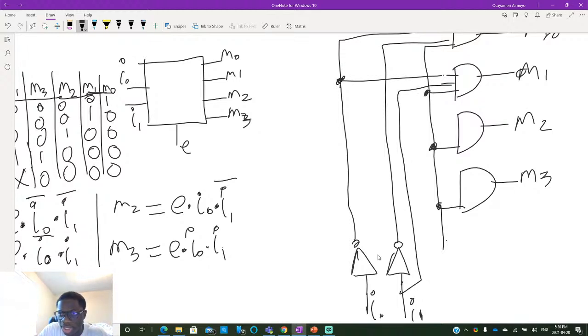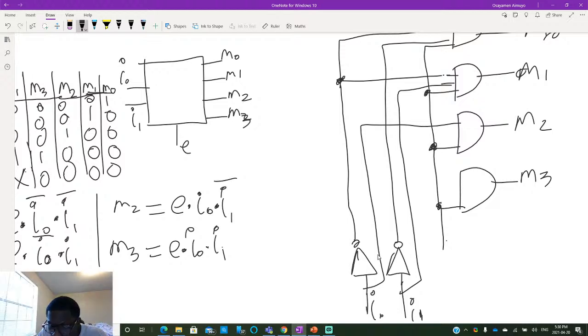Then the next one would just be, is that correct? Yeah, it is. 1, 0. So the next one would just be this. And this as well. And then the last would be both literals in uncomplemented form. I think I have them here.